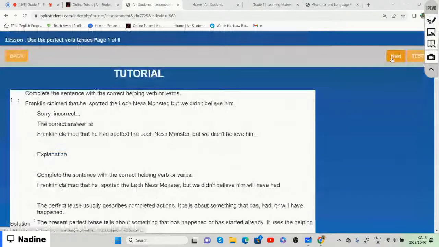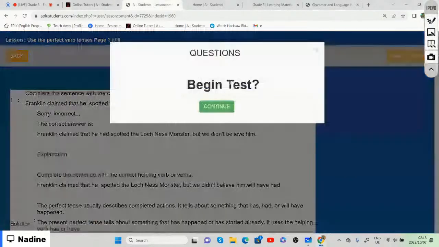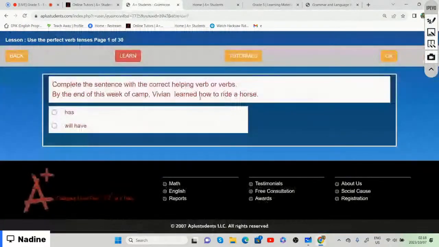All right, let's go into a test. We're going to have to choose the helping verb or helping verbs to complete the sentence, right? By the end of this week of camp, Vivian has learned how to ride a horse or will have learned how to ride a horse by the end of this week of camp, meaning it is not the end yet.